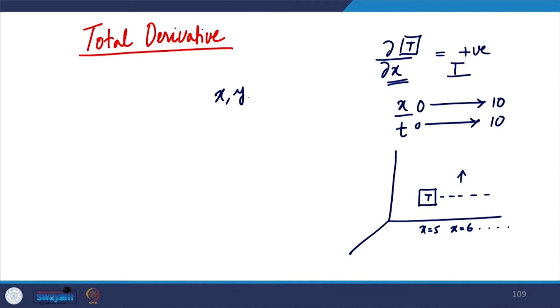Right. Now, many times while calculating the derivative, you may have to fix a few other coordinates. Let us say you are working in a three-dimensional space where you have x, y, z, and also time. These coordinates are called the independent coordinates, that means with respect to these coordinates you are defining something else.